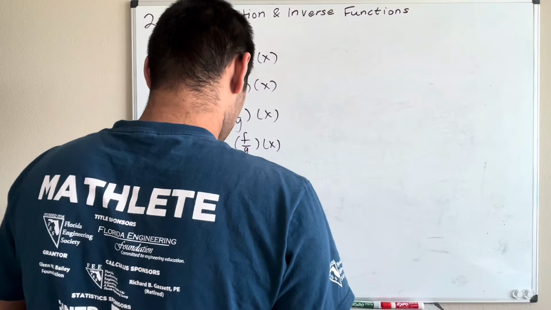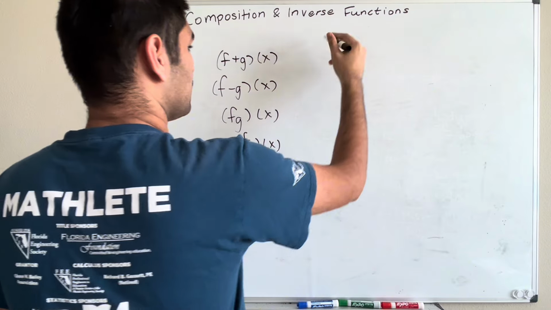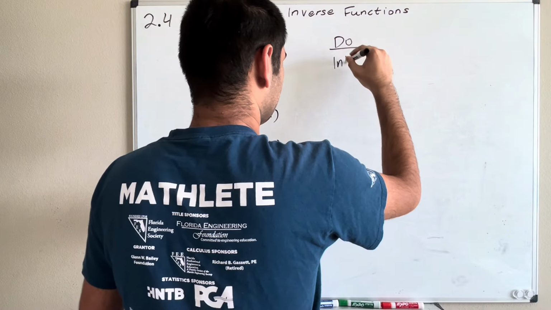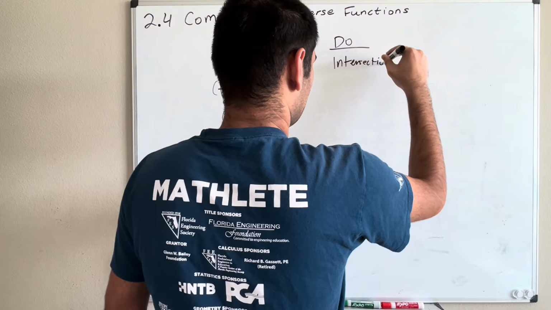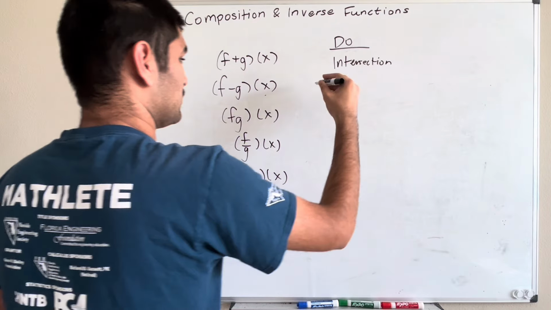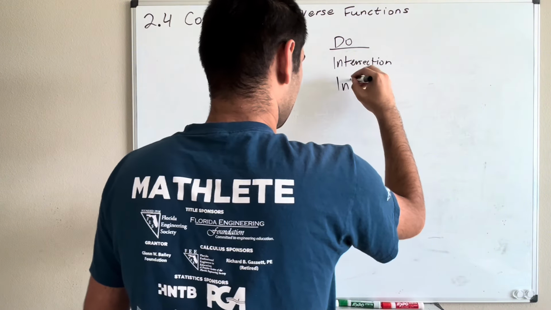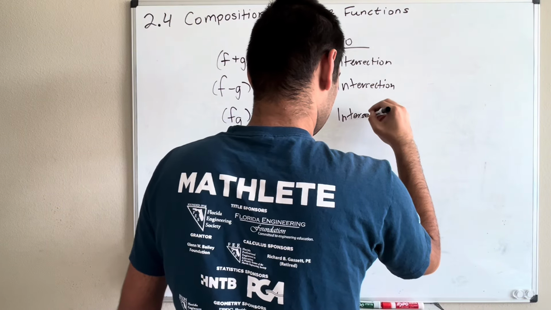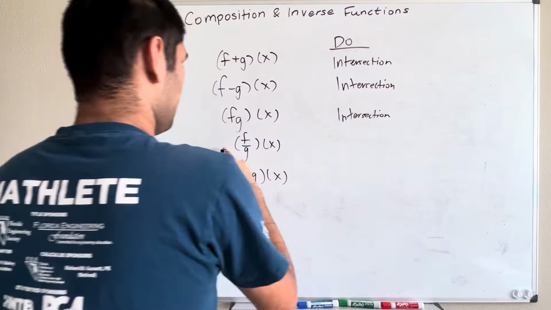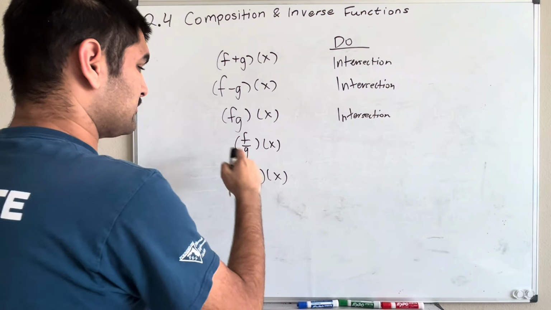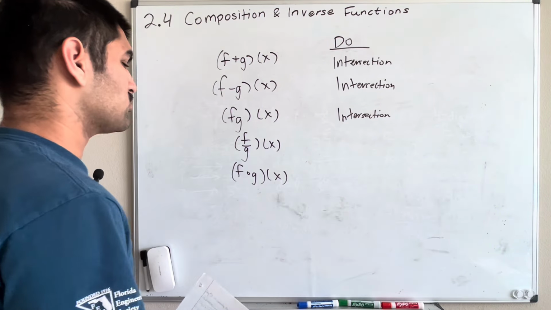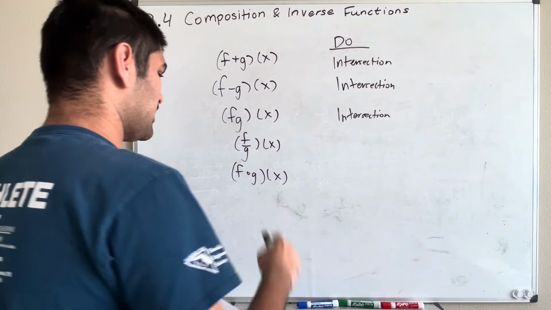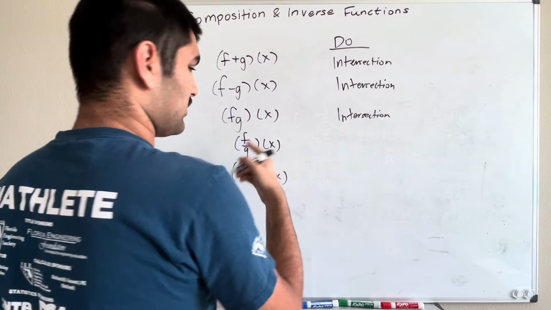For the first three, the domain is just the intersection of the domains of f and g. For f over g of x, it's also the intersection, but you also have to exclude any values that make g of x equal to 0, because this is basically saying f of x over g of x, and that means g of x is in the denominator.